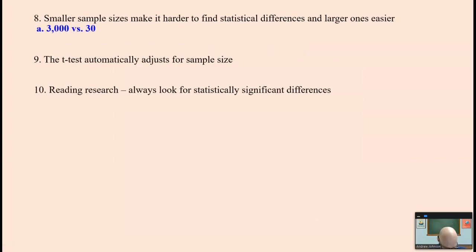With a smaller sampling size, of course, it's harder to find statistical significance, if we had a sampling size of 3,000 versus 30. And the t-test automatically adjusts for sample size. So in reading different research, we always look for statistically significant differences.